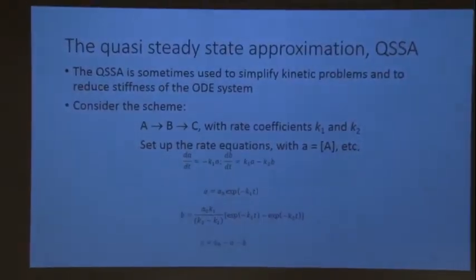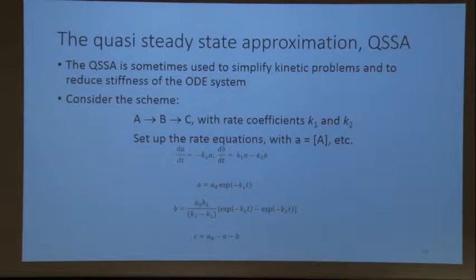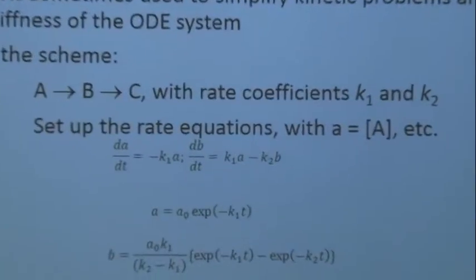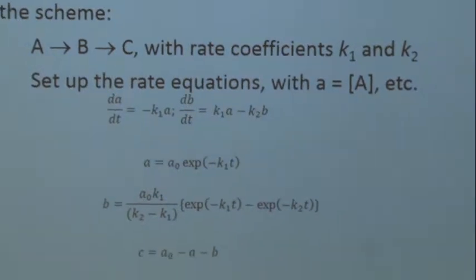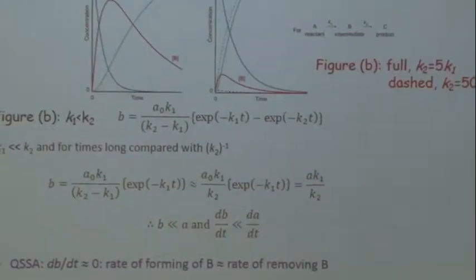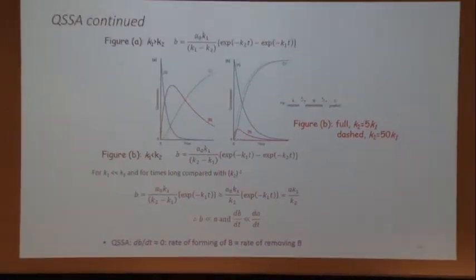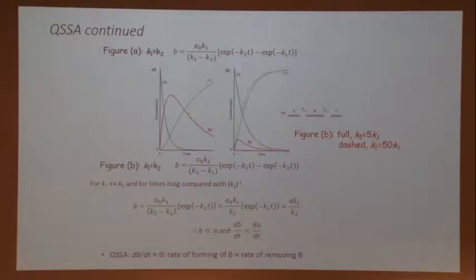So to understand this, you can consider the case of A goes to B goes to C. And you can analytically solve for what the differential equation solutions are. If we go to the next slide, this shows what the solutions look like.